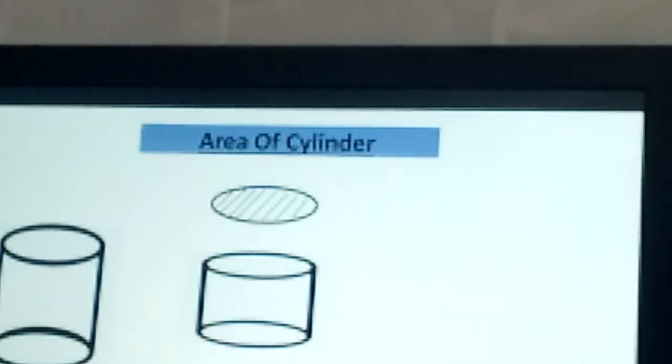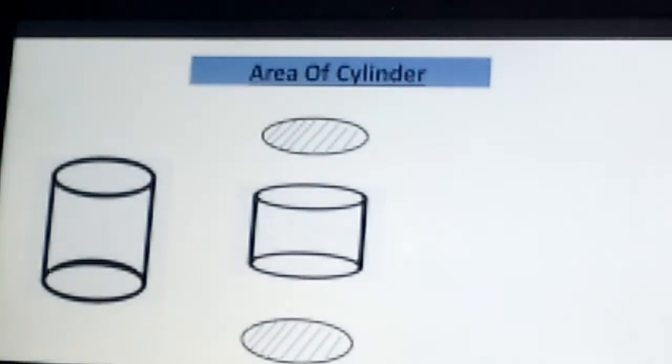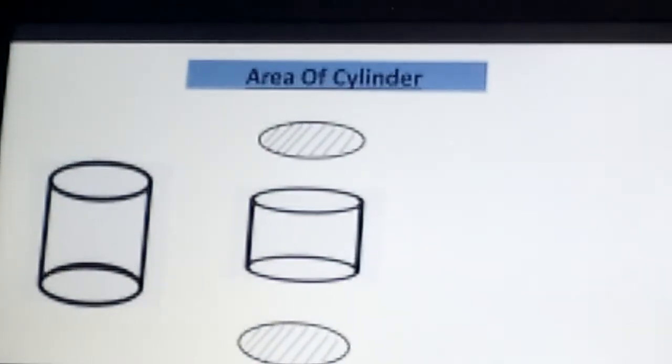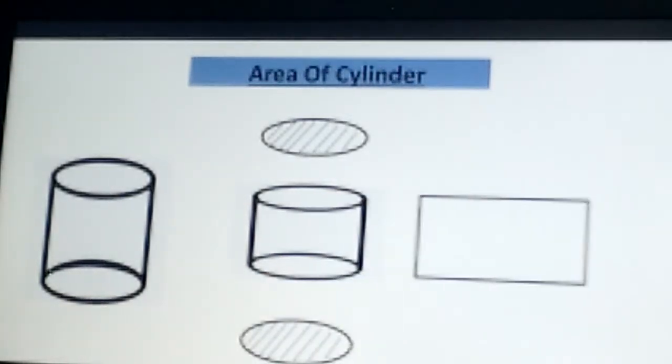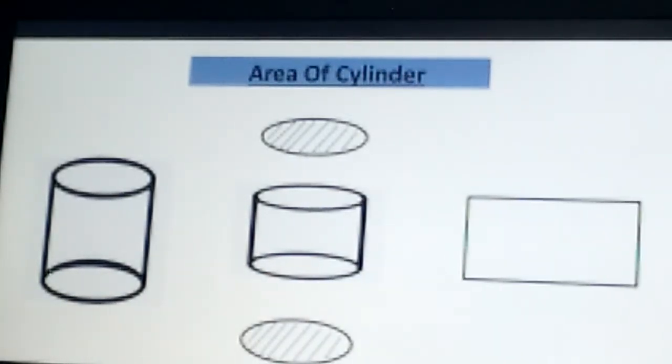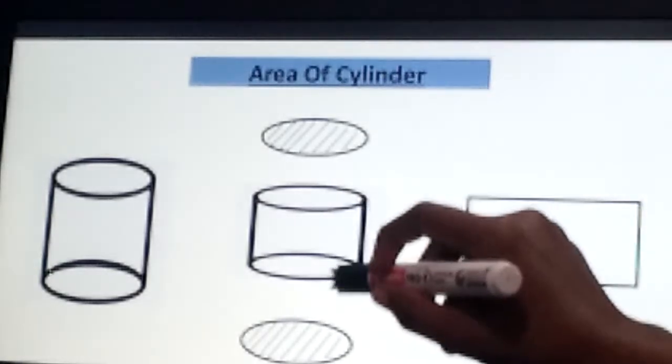So, we saw that the area of the circular body we can find easily because the circular body is nothing but a rectangle, right? And we know the area of a rectangle is length into breadth, and breadth is actually equal to the height of the cylinder.